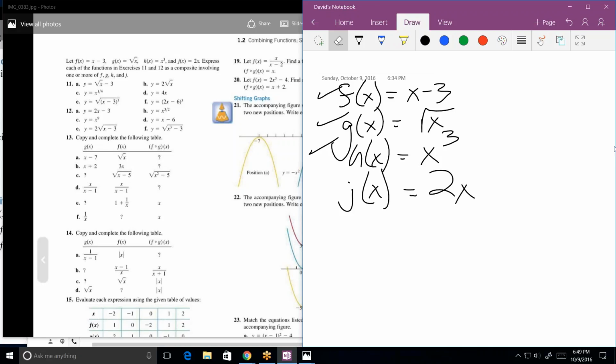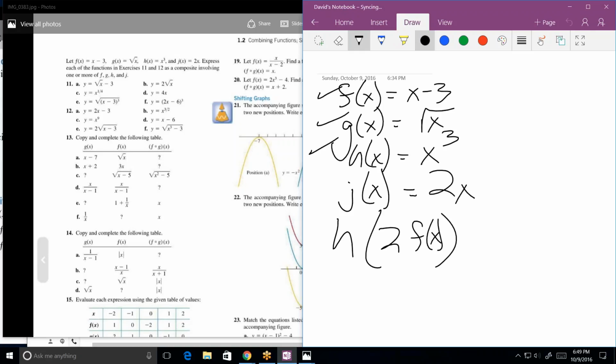In other words, what if we did h of 2f of x? Not sure that's an allowable answer, but notice that that would be correct, correct?